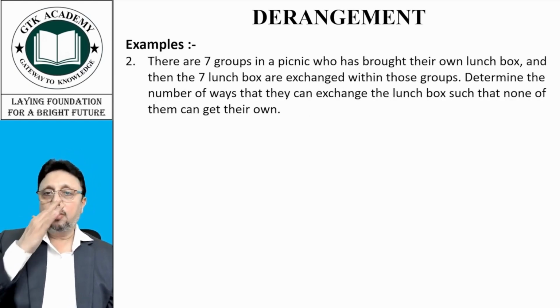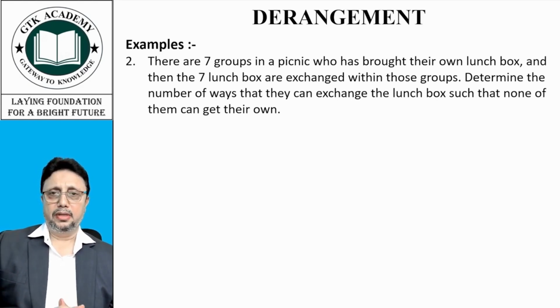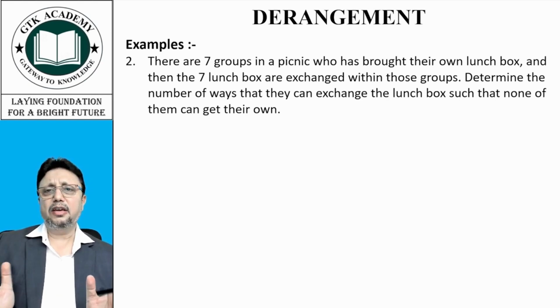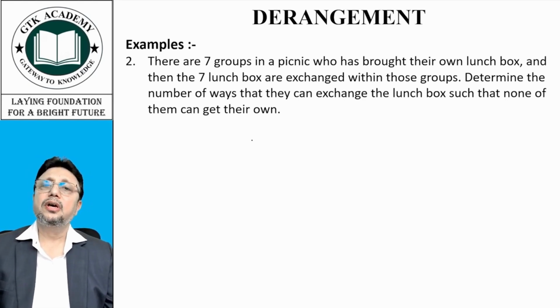Now there is one more problem. There are 7 groups in a picnic who have brought their own lunch box, and one group carries one big lunch box for all the people in the group, and these 7 big lunch boxes are kept and then they are distributed to the groups. Now what happens? None of the groups get their lunch box. That means it's a derangement of 7 things. That's 7 lunch boxes.